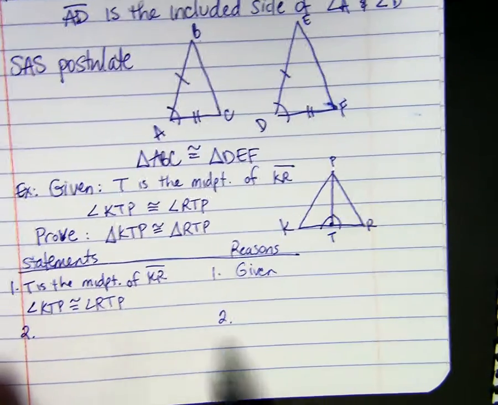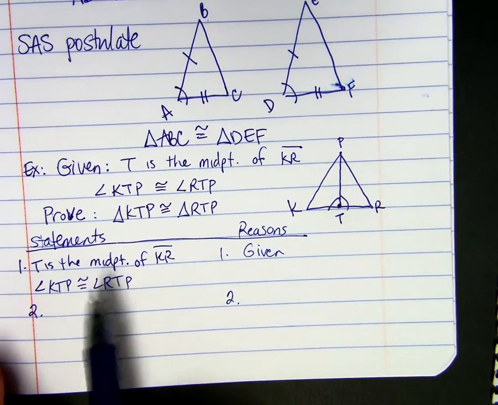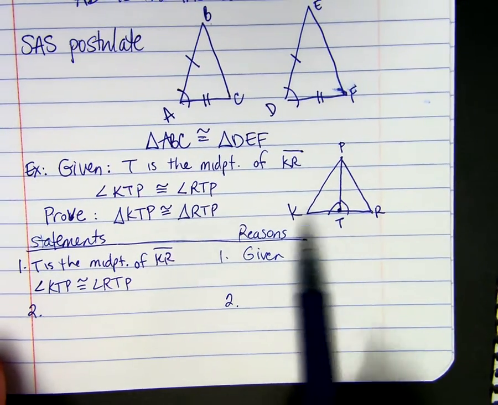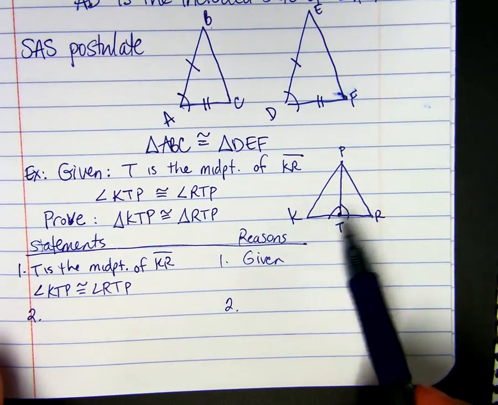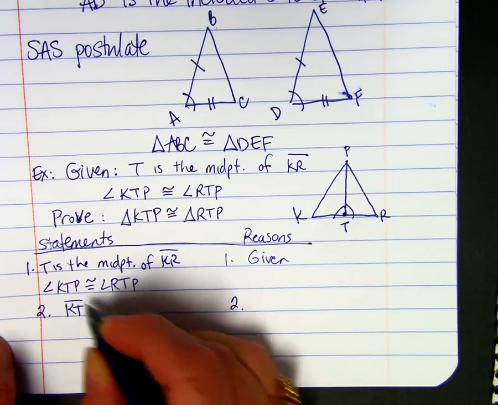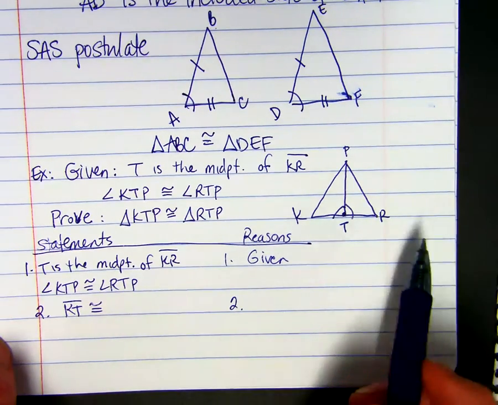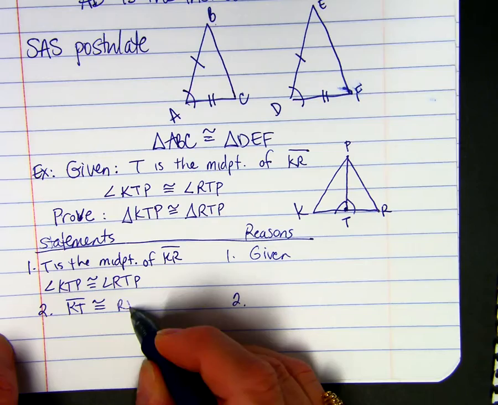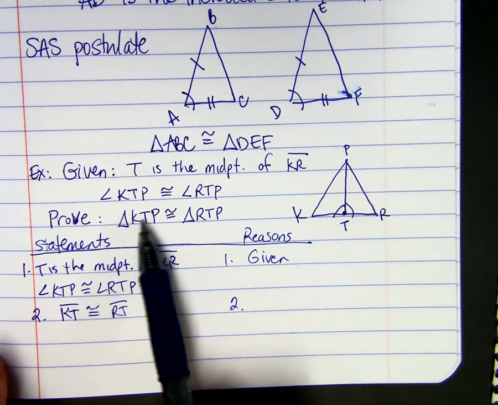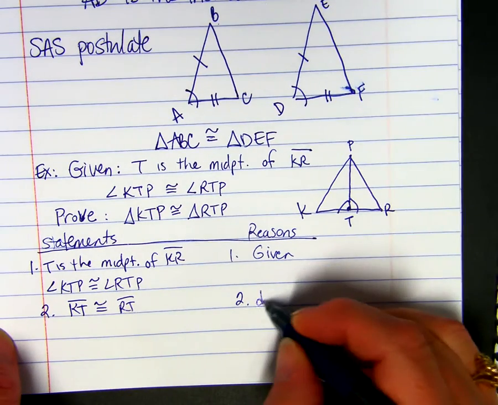For 2, we think about what's given, and we can look at the midpoint. The definition of midpoint is that the two segments that are formed will be congruent. So we can say that segment KT is congruent to segment RT. We want to make sure we keep them in the right order. So I'll look up at this triangle and say KT, well, it should be RT. So those two are congruent. That's just by definition of midpoint.